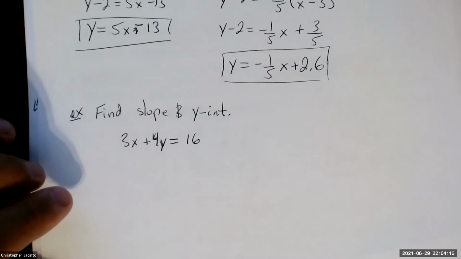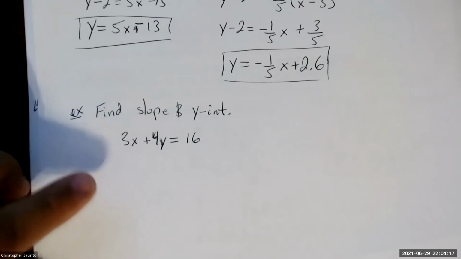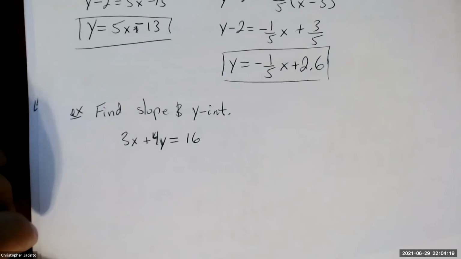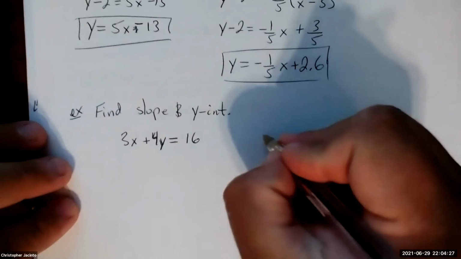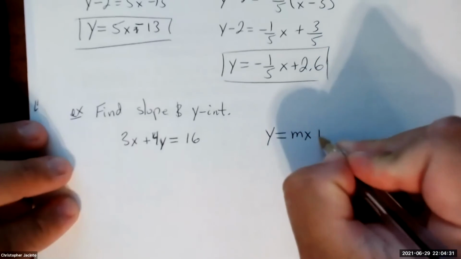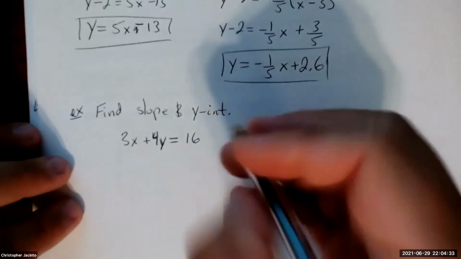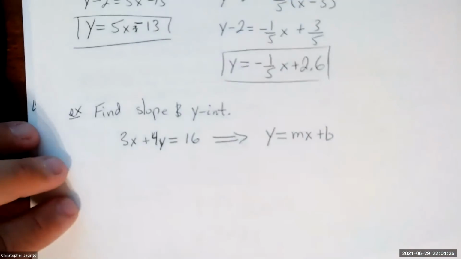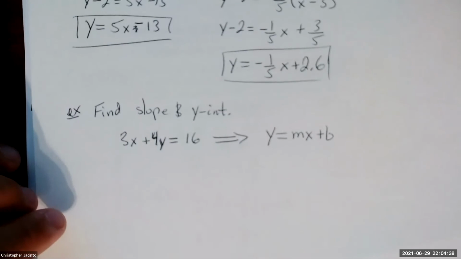What if I ask you to find the slope and y-intercept of this? Then you may think, well, whenever you want to find the y-intercept and the slope, you want to convert it to this form here. In other words, we want to just solve for y.